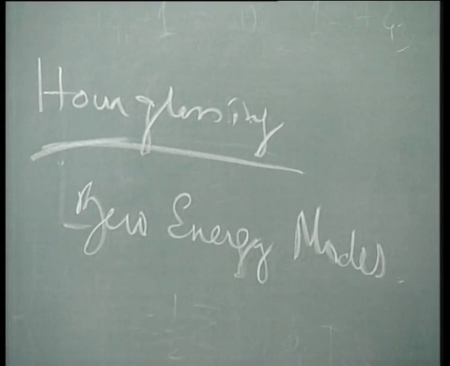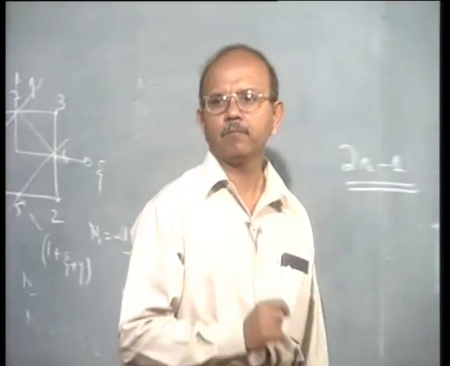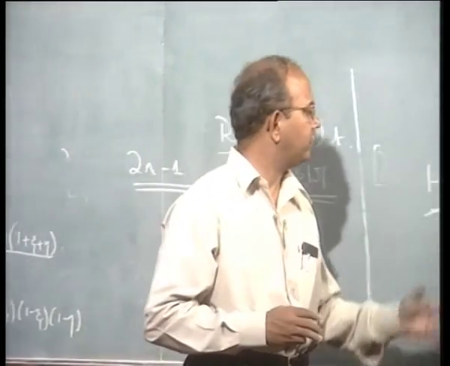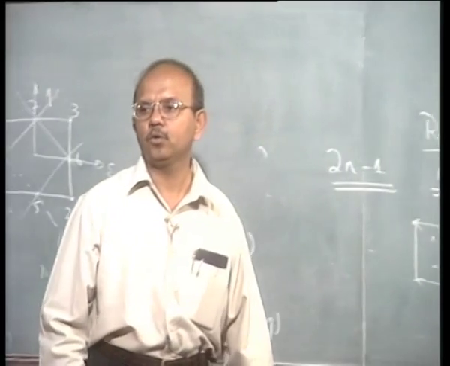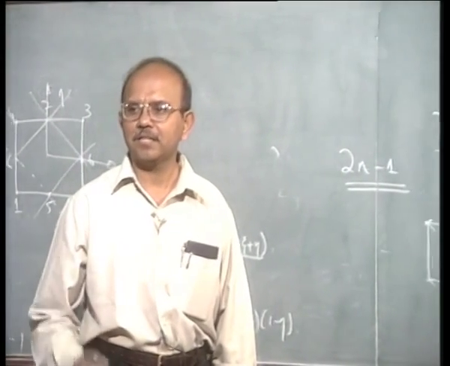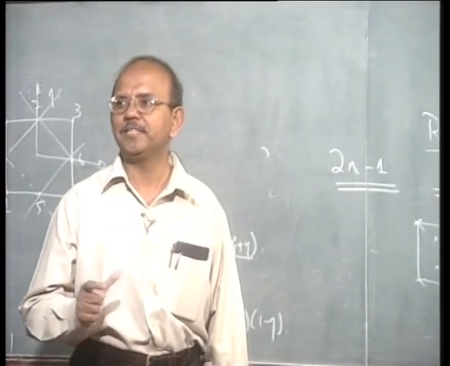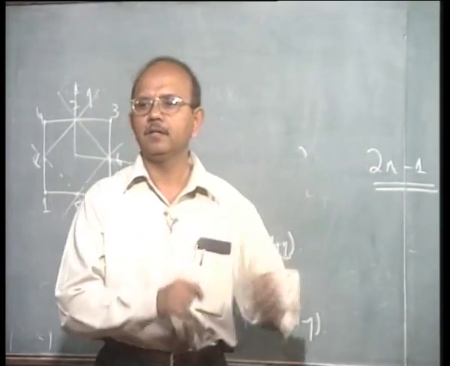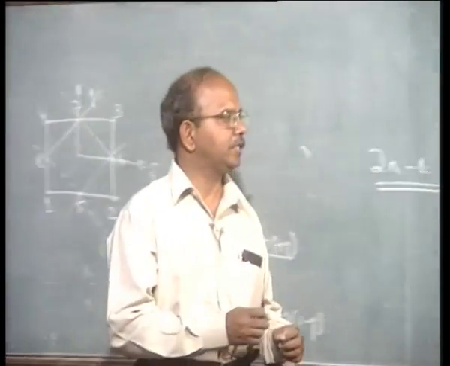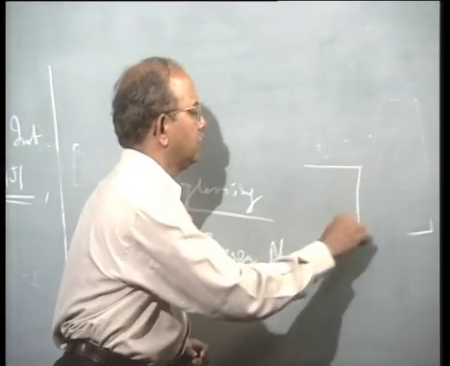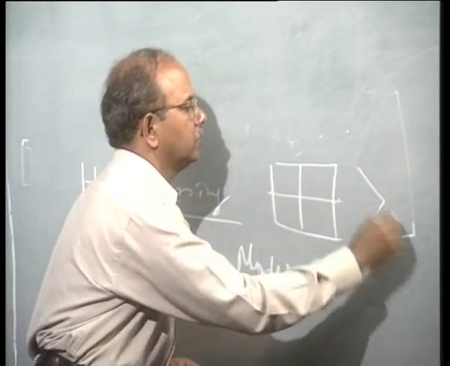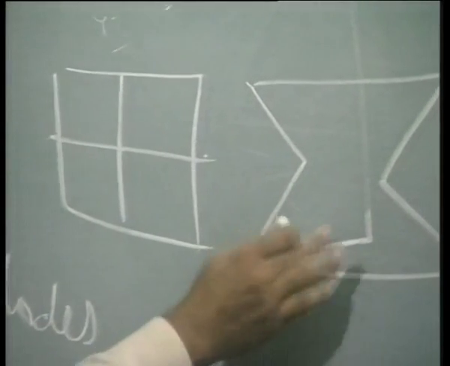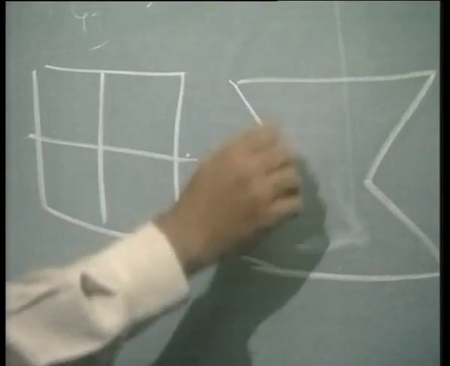Now, why do we call it by these names? Why do we call this a 0 energy mode? We call this hourglassing basically because if you had seen that chart, you will see that the mesh, say, which was like this, sometimes becomes as if it becomes something like this.